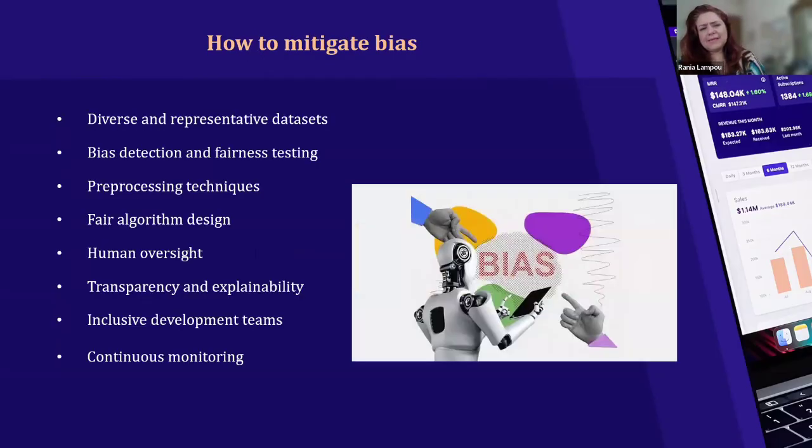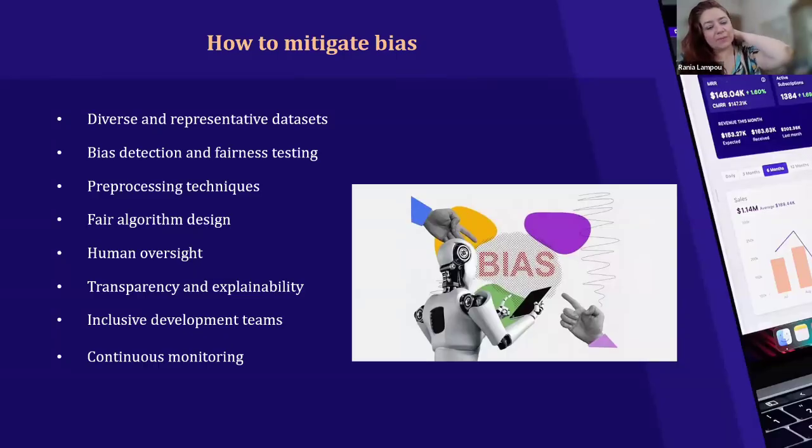And of course, how to mitigate data bias: through diverse, representative data sets and pre-processing techniques. Try to rebalance data sets through techniques like weighting, sampling, or synthetic data generation to reduce bias. Through algorithmic design, incorporate fairness-aware machine learning models that optimize for both accuracy and equity.